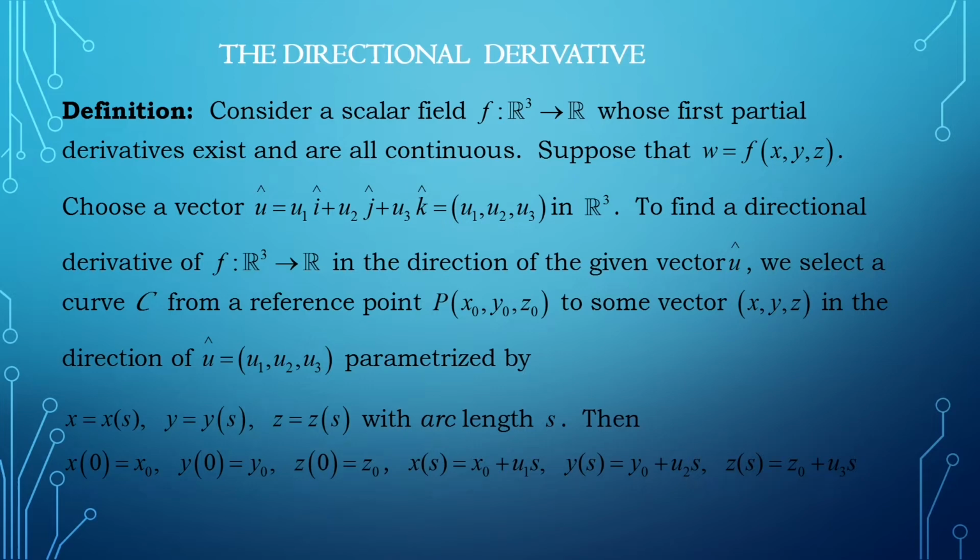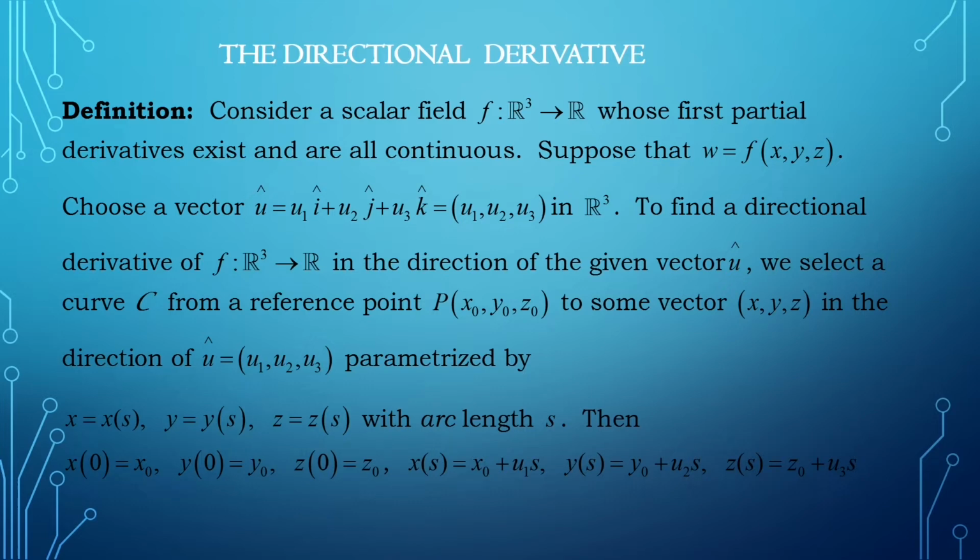So we discard the magnitude of u cap. We don't want its magnitude, so we take u cap to be a unit vector. Now let us choose a reference vector x naught comma y naught comma z naught in the domain space R3. Let this point be P.